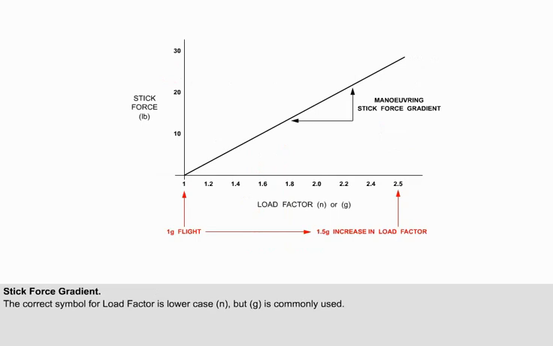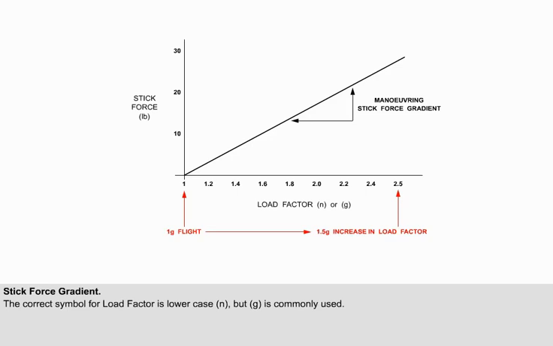An aircraft with positive maneuver stability should give a steady increase in stick force with increase in load factor, or G. The stick force per G must be positive, but neither too high nor too low. If the stick force per G is too high, the aircraft will be difficult and tiring to fly.